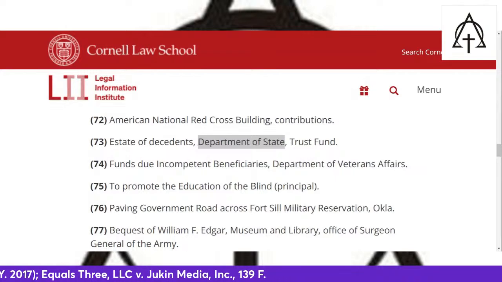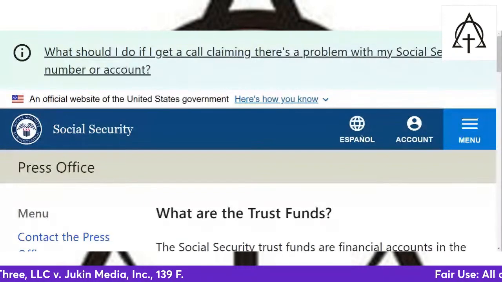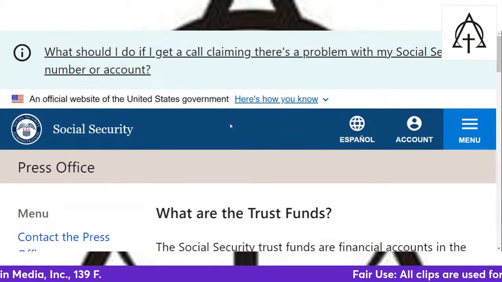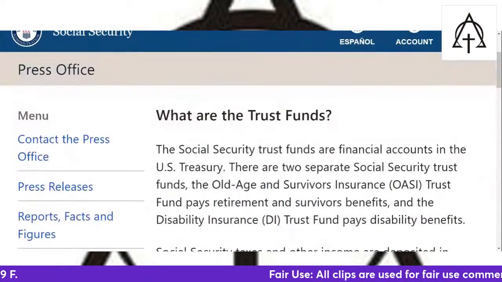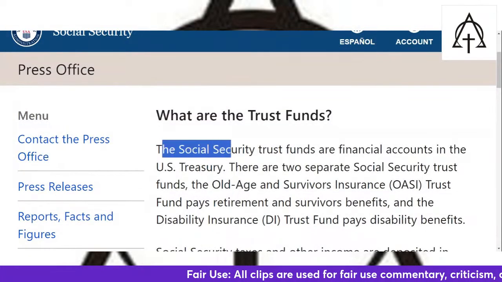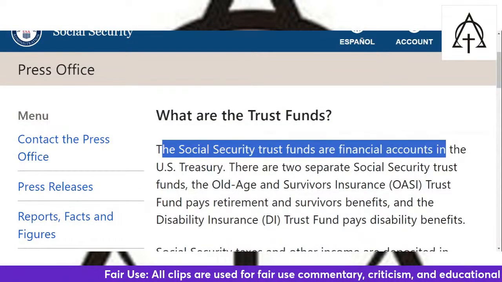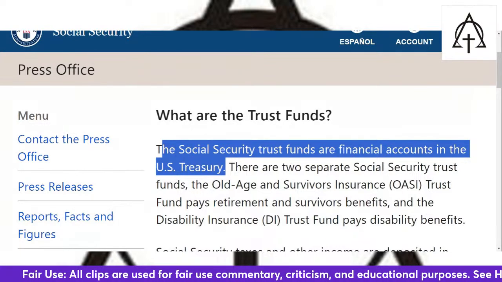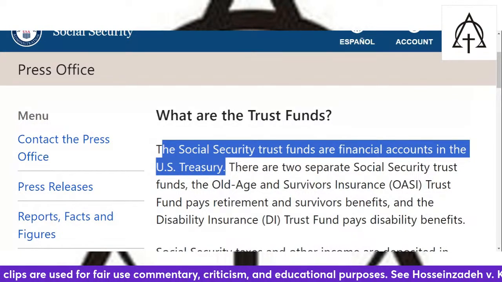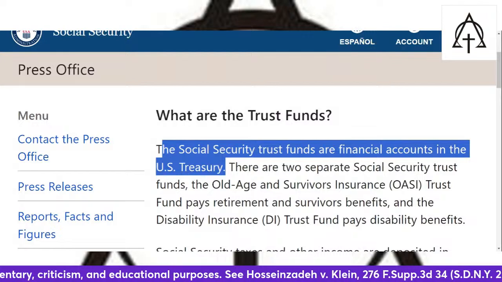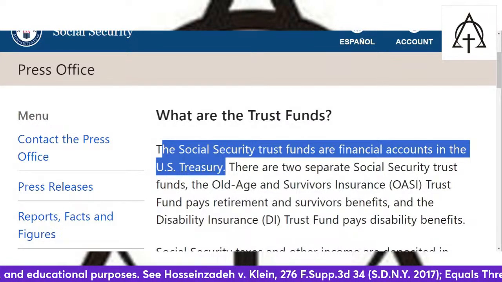So what was the next one? The next one is through the Social Security. Again, it says, what are the trust funds? The Social Security trust funds are financial accounts in the U.S. Treasury, but they are being administered at the state level through Social Security Administration.